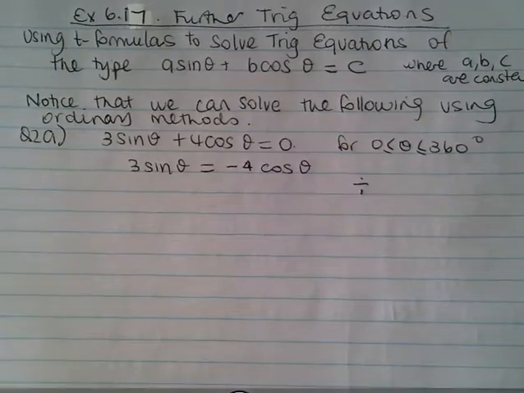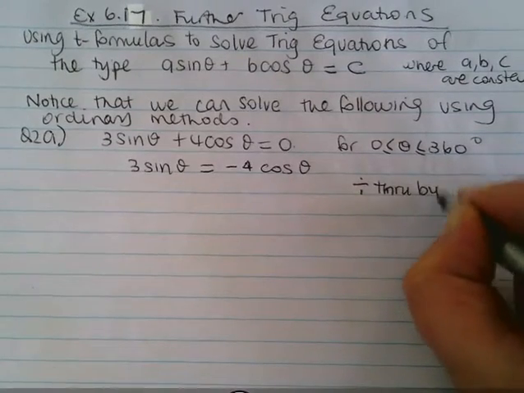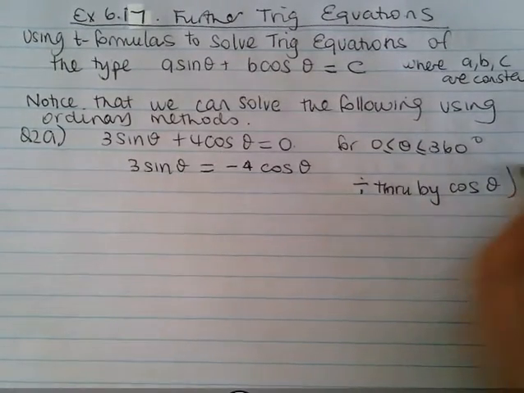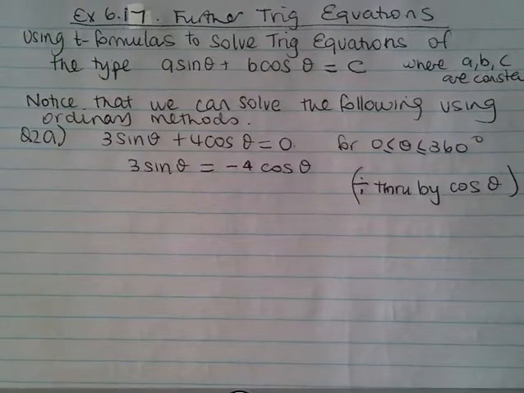Whenever you have an equation with only sine and cos in it, no squares, you always divide through by cos theta, because it doesn't eliminate an answer. Because sine on cos is tan, and whenever you've got tan, you have sine divided by cos.